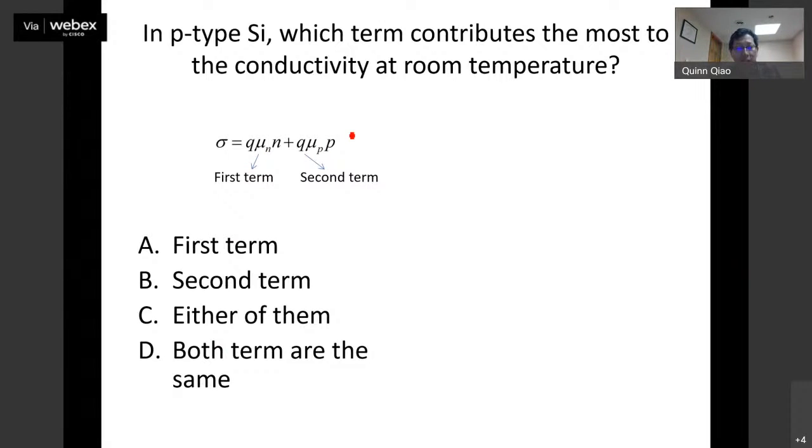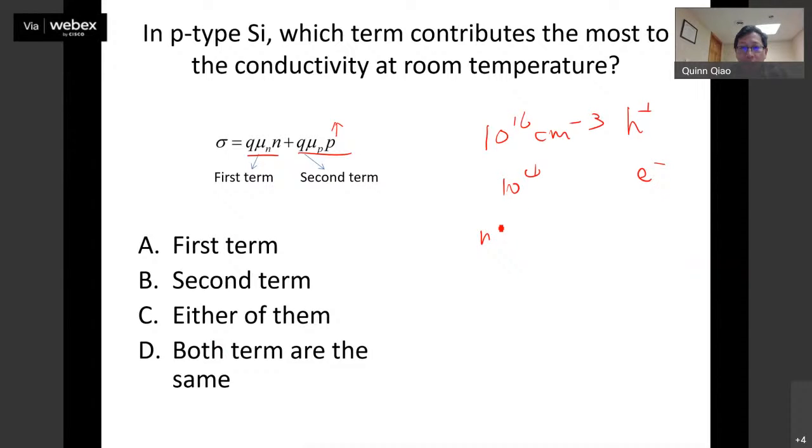Typically, if it's N-type doped, this first term will be dominant, right? If it's P-type doped, then you go opposite, since p is much bigger. Typically for P-type, let's say p is 10 to the power 16 per cubic centimeter for holes, and then the electron density will be only 10 to the power 4, right?